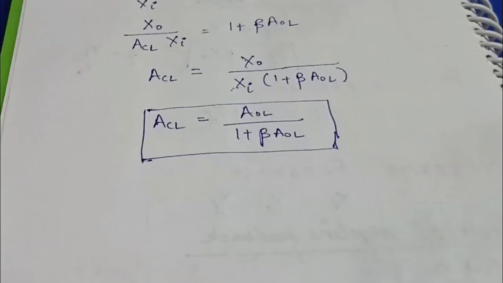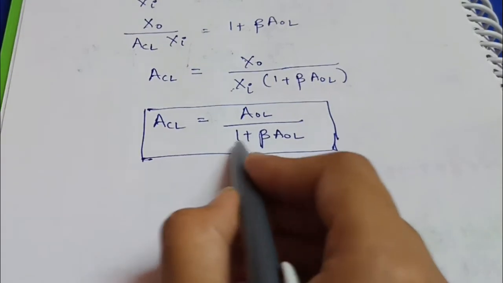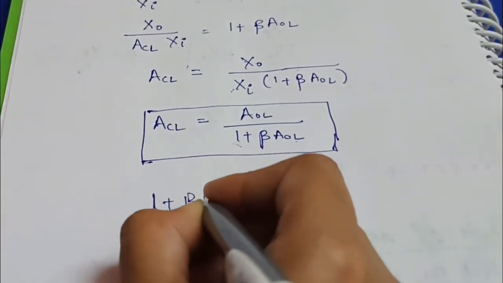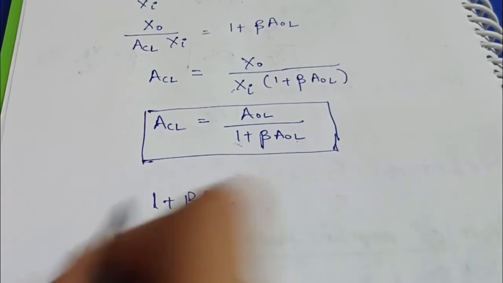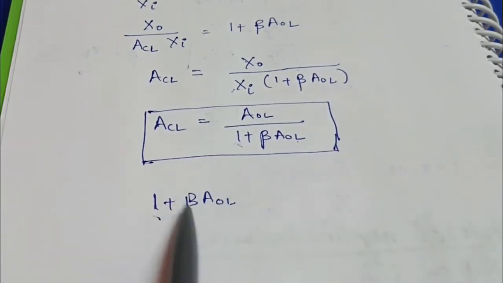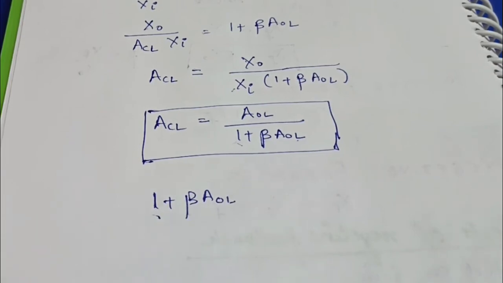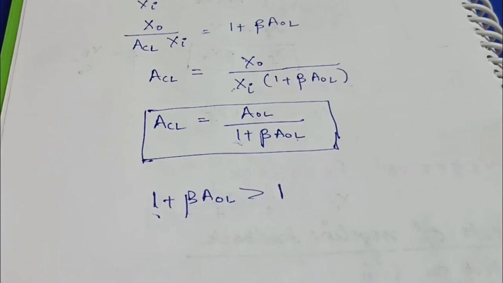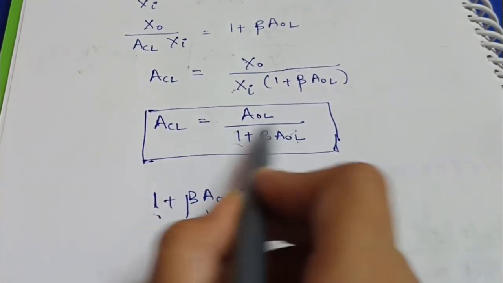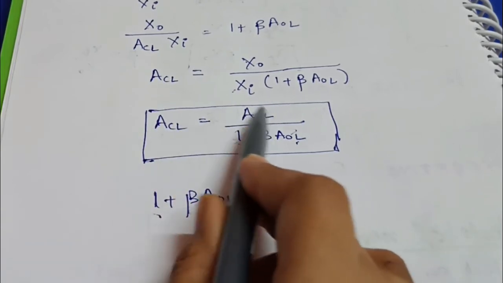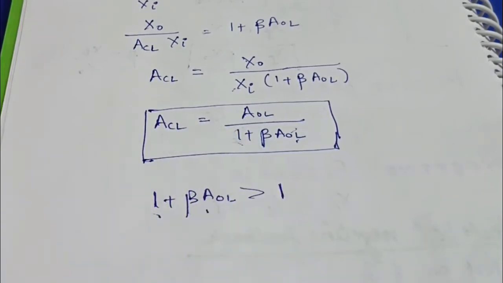Now let's discuss one thing in detail, which is this denominator part, right? So this is 1 plus beta AOL. This term is always greater than 1 because we are adding 1 to it. So if this term is greater than 1, then the closed loop gain should be less than the open loop gain, right?